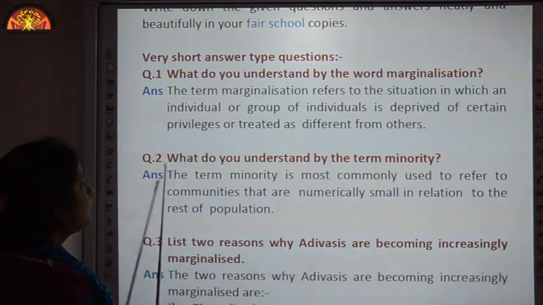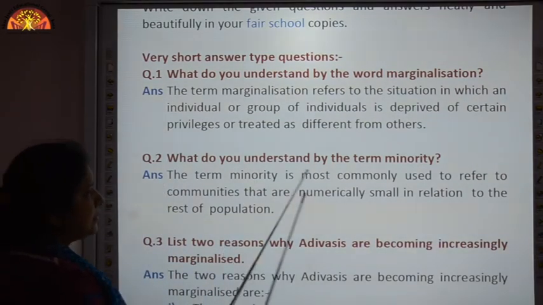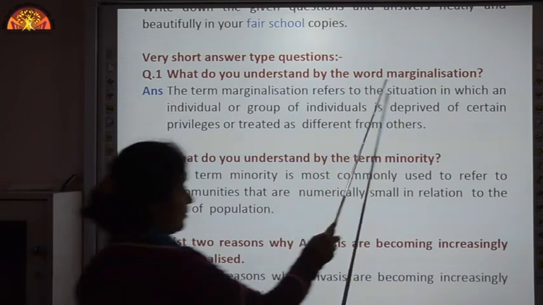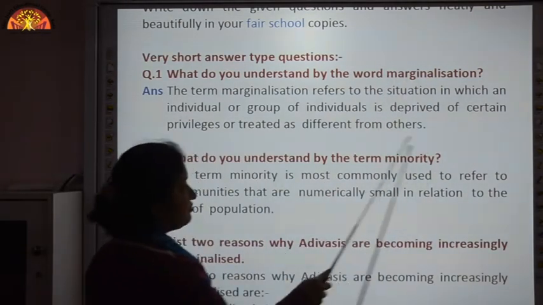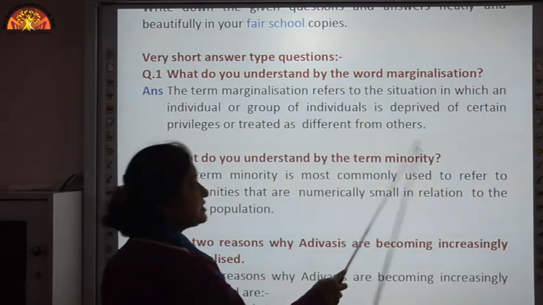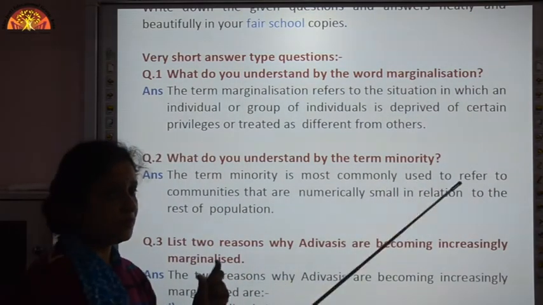Question 2. What do you understand by the term minority? Please try to understand the difference between marginalization and minority.